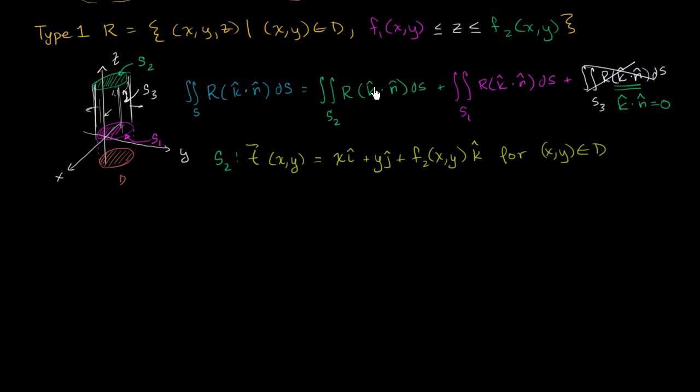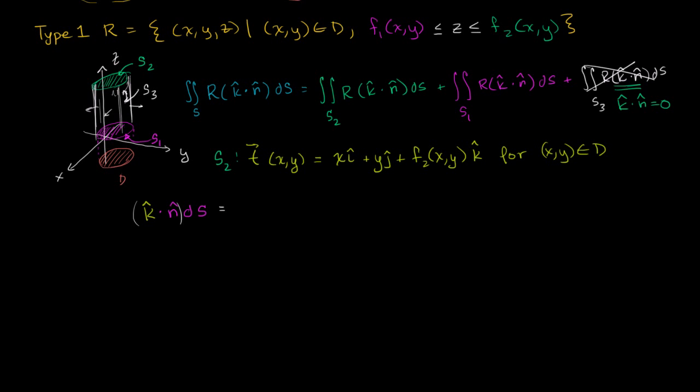Now, with that out of the way, we can re-express what k dot n dS is. So let me write this over here. k dot n dS is equal to, and we could put parentheses here that we're going to take this dot product. That's at least how I like to think about it.